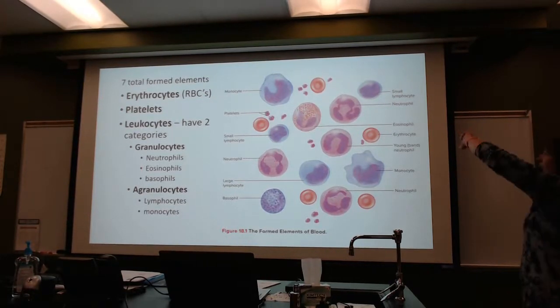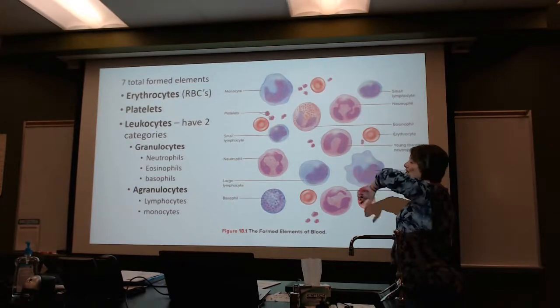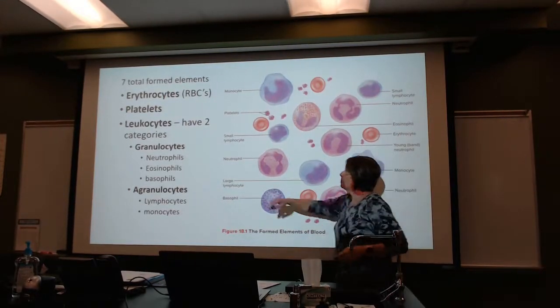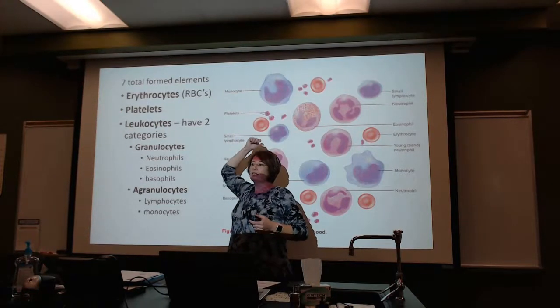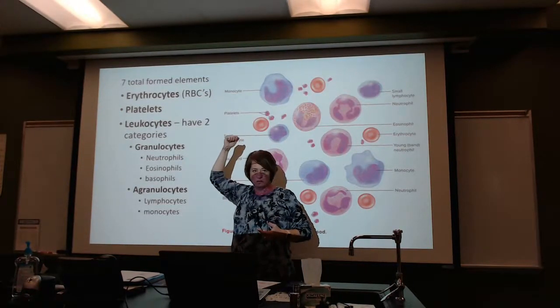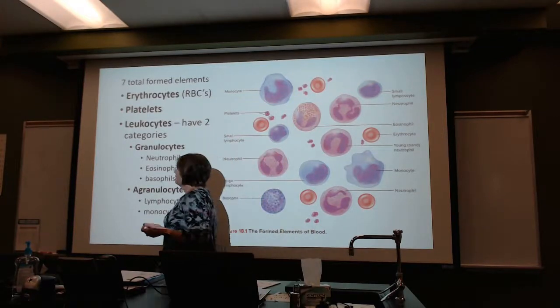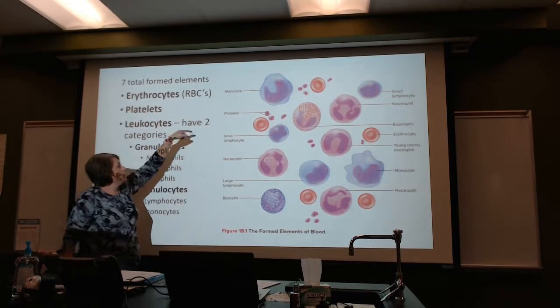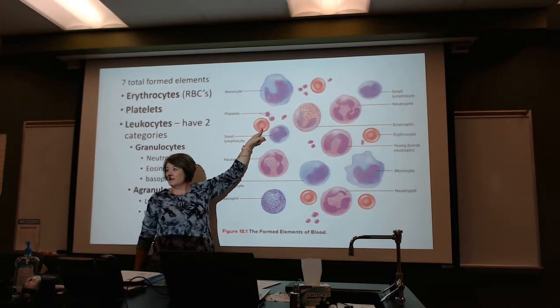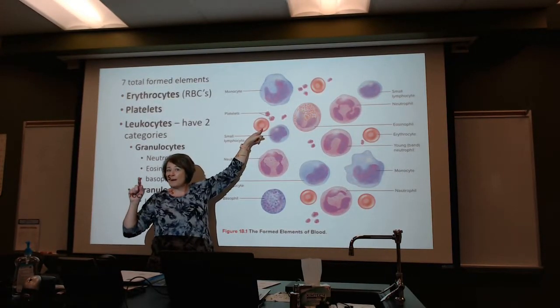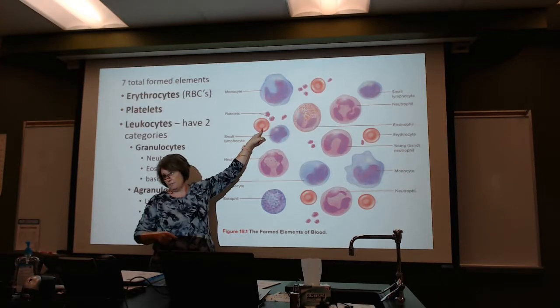So all of these elements formed, keeping their properties. Okay? I have my red blood cells. These are considered biconcave.